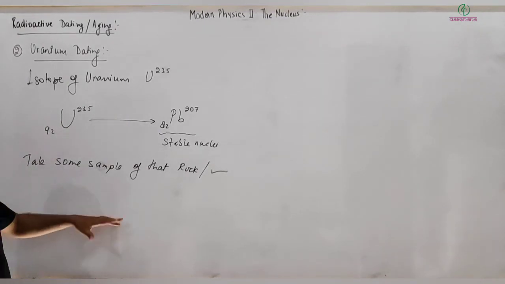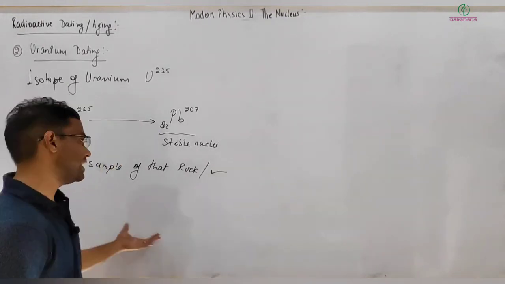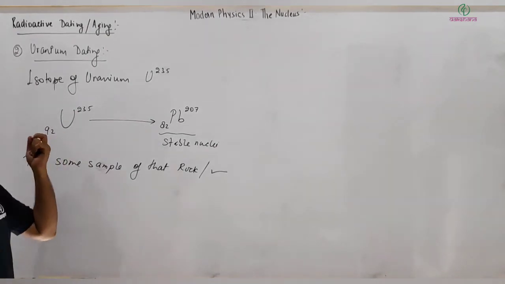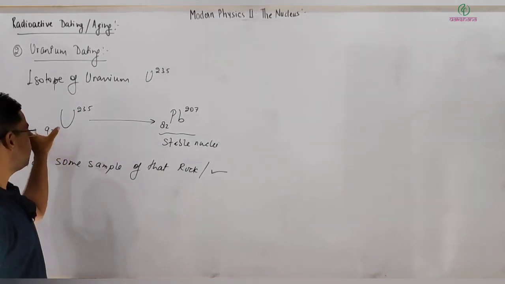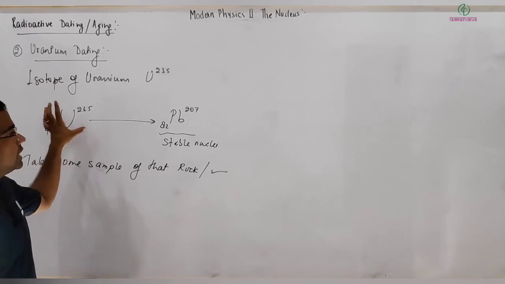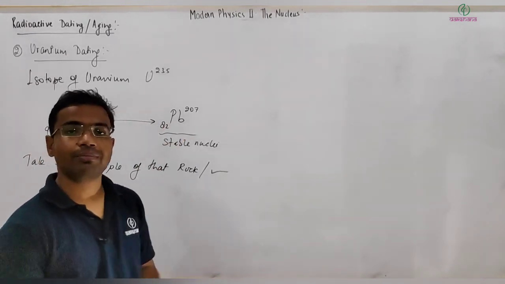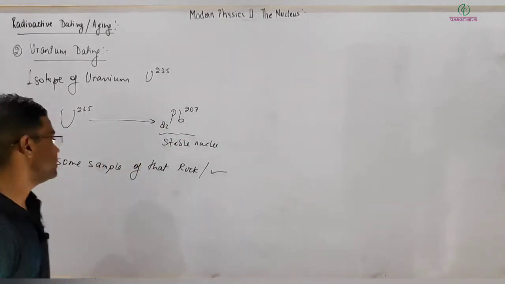So let's say I took one sample of some rock, and we will calculate the amount of uranium 235 present and lead 207 present in that sample.